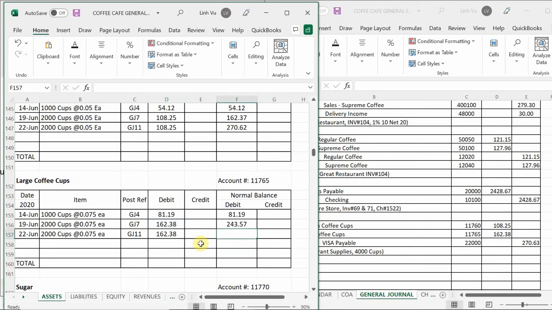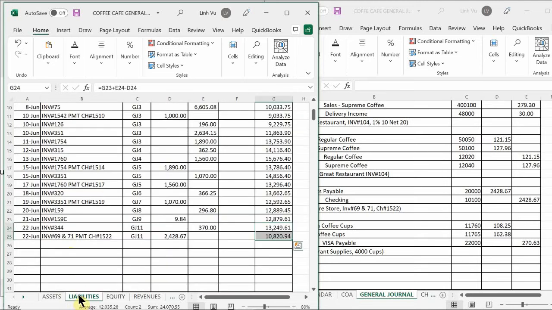Okay, so what's my grand total in my large coffee cups? $405.95. Okay.